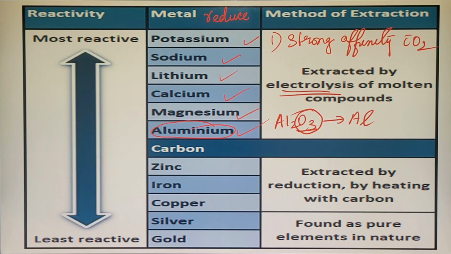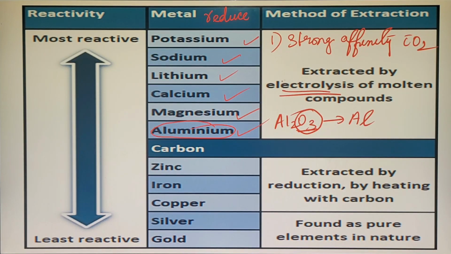Whenever you have potassium, sodium, calcium, magnesium, aluminium, please remember, whenever you have to reduce the metallic oxide, what's the meaning of the word reduce? Reduce means whenever I have to remove oxygen from them, because of their strong affinity with oxygen, because of their strong love for oxygen, how can I remove oxygen from it?